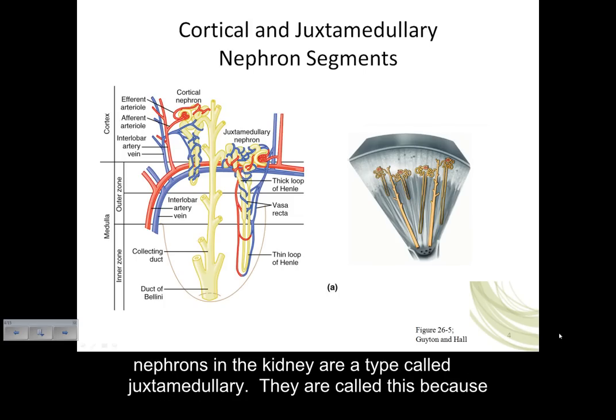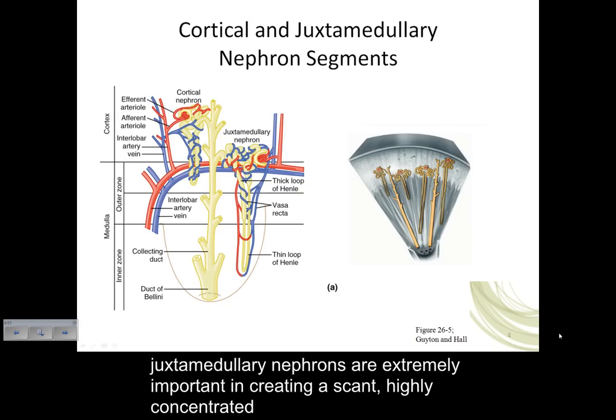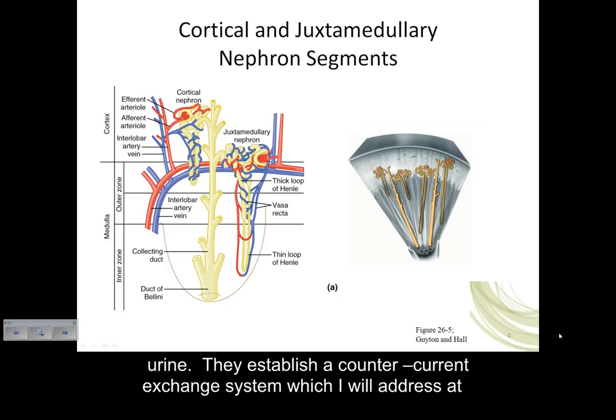In contrast, 20% of all the nephrons in the kidney are a type called juxtamedullary. They are called this because their loop of Henle extends deep into the medullary region. Juxta means next to. The juxtamedullary nephrons are extremely important in creating a scant, highly concentrated urine.